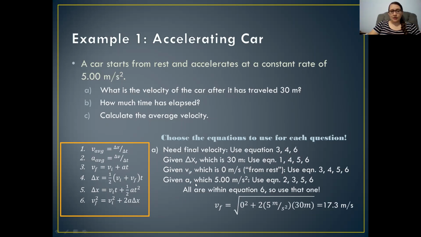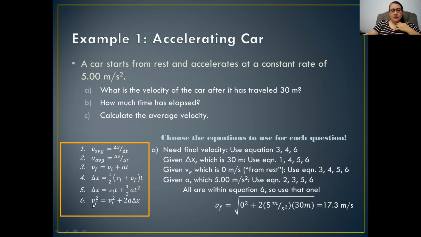And we're given acceleration, which is in 2, 3, 5, and 6. Now, the only equation that has all of those variables in it is equation 6. Right? You can see equation 4 has some of the variables. Equation 3 has some of them. Equation 5 has some of them. But equation 6 is the only one that has all of those variables. So we'll use that equation.